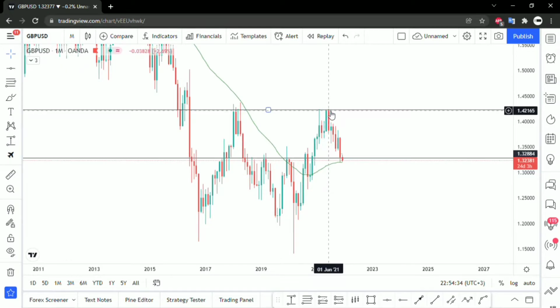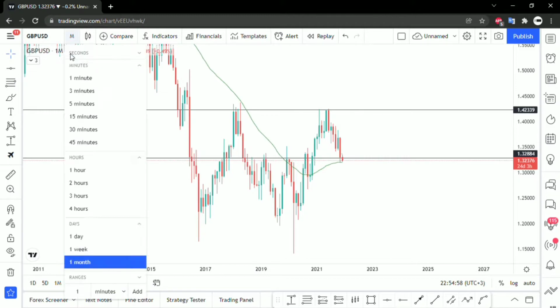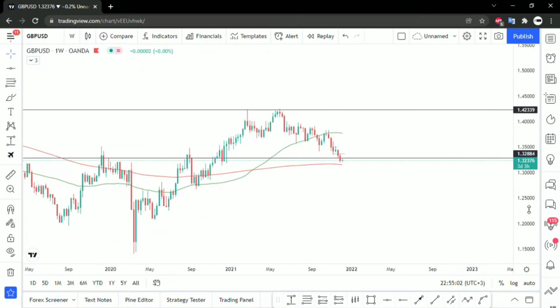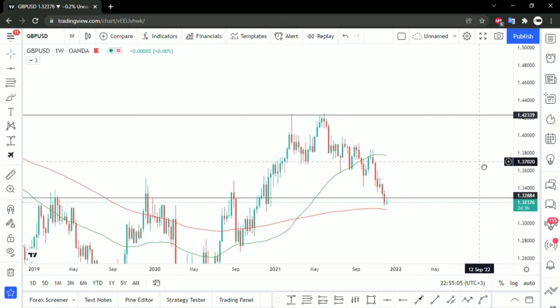This high corresponds with the year 2018, when we retested this level, and as you can see, in 2021 we also went back and retested that key level, which is around the area 1.4230. So let's drop back down into the weekly.